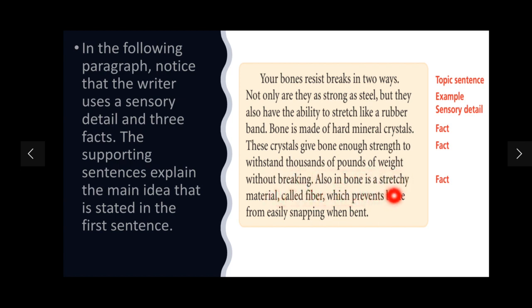Also in bone is a stretchy material called fiber, which prevents bone from easily snapping when bent. So these all are explanations of how your bones resist breaking in different ways, right?